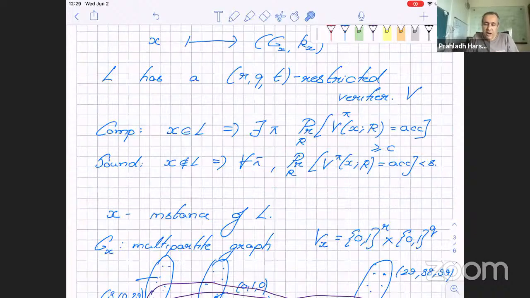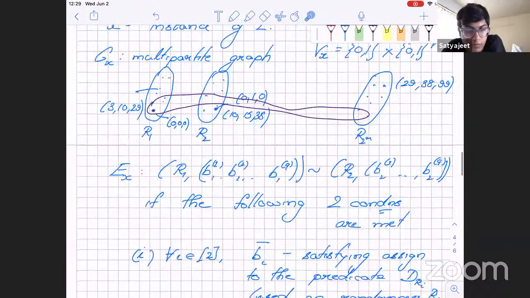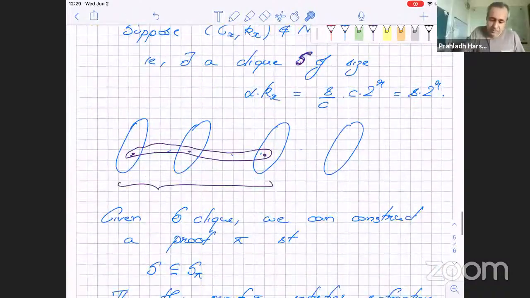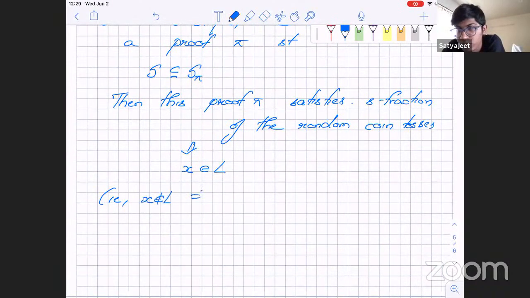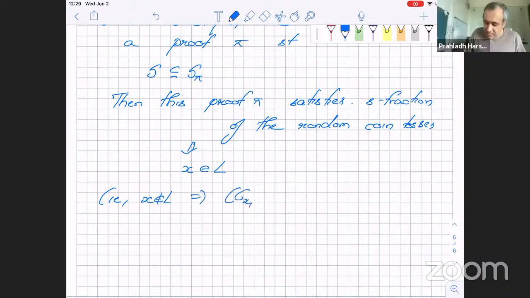If that is the case, it can't be that X is not in L. Therefore, X has to be in L. That is, X is not in L implies (G_x, K_x) is in no. We proved that (G_x, K_x) not in no implies X is in L. This is the contrapositive, and hence the soundness is there.